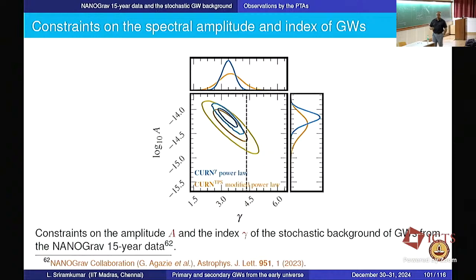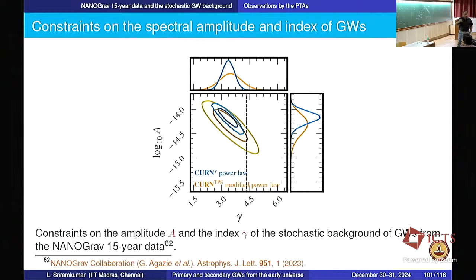You can assume a simple amplitude and shape for this gravitational wave background and try to see whether it fits the data fairly well. And they suggest indeed a certain amplitude and a certain spectral index for this gravitational wave background. What has been indicated here is the one suggested by the merging of supermassive binary black holes.